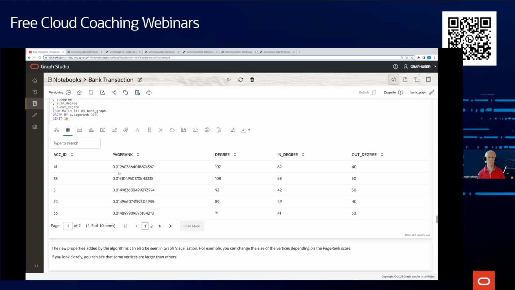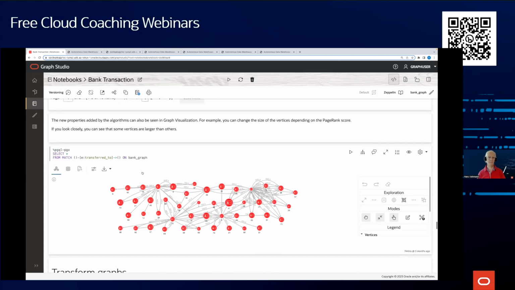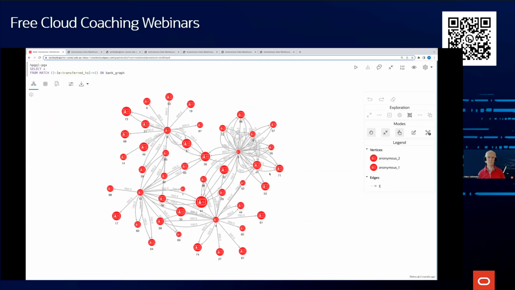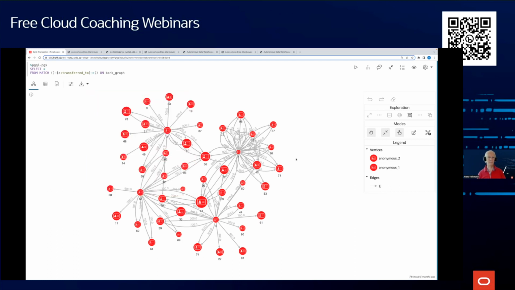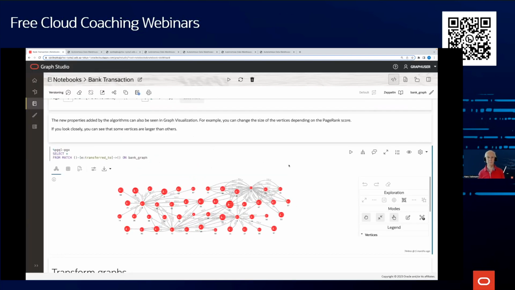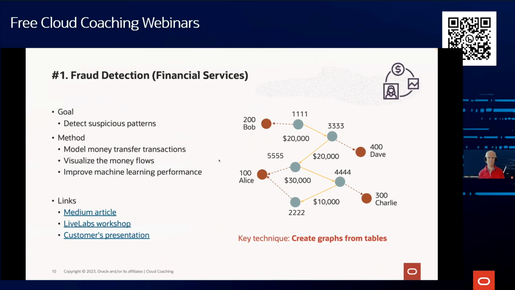If you would like to visualize the result, maybe you can change the size of vertices according to the PageRank, and then create this visual. Okay, so this is the basic operation on the first use case scenario. Hans, do you have any additional comment on this?